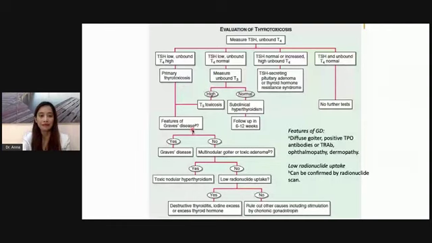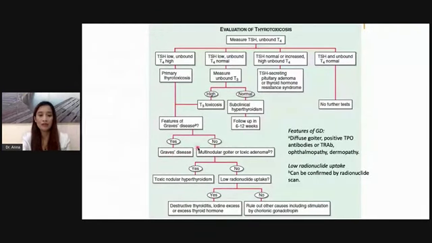If there are features of Graves' disease, let's say there's exophthalmos, there's a diffuse goiter, then you can say yes, it's Graves' disease. So usually, if it's a diffuse goiter with primary hyperthyroidism on your thyroid function test, it's usually Graves' disease until proven otherwise.